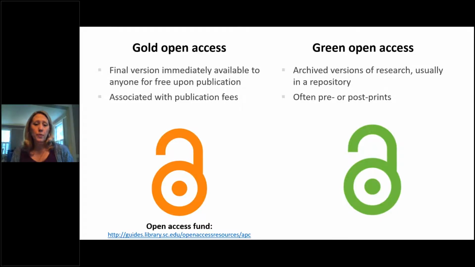So a lot of times these are preprints, and a lot of us have probably heard of preprint repositories, and maybe depending on our discipline might even use them. So for example, computer science or math, astronomy, you might be using arXiv, a preprint repository. There are many of them, but that's just another way to publish open access. You're not using an open access journal per se, but you're still making a copy of your work freely available. Next slide.